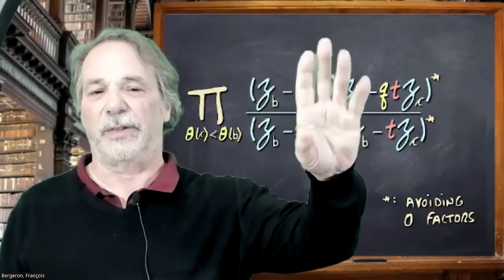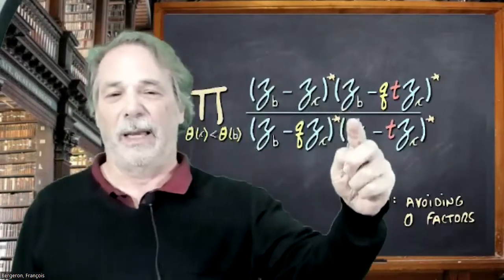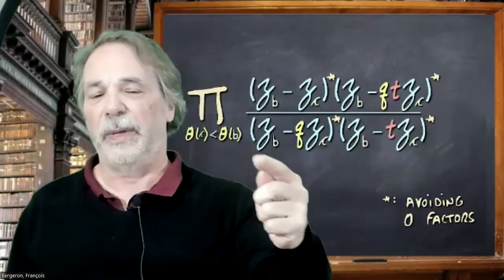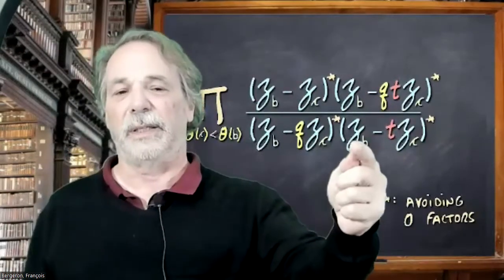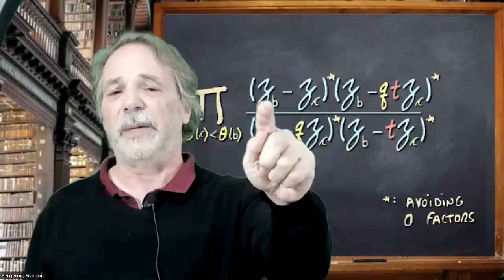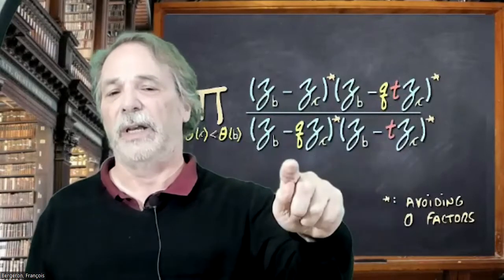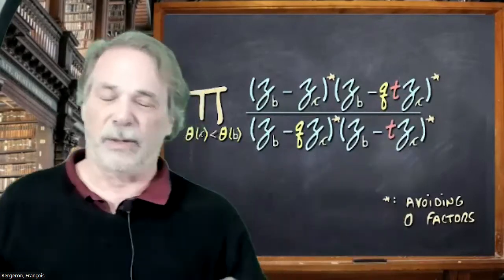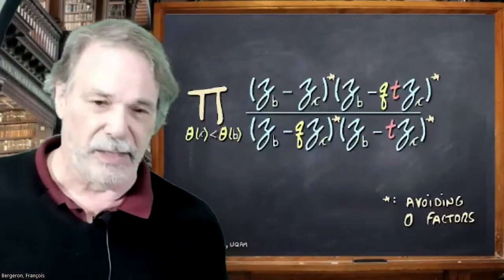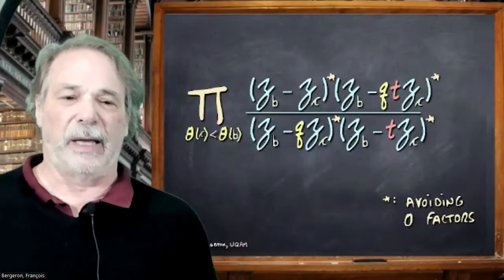There's a star, don't think about it for the moment. And then you do ZB minus QTZC, ZB minus QZC, ZB minus TZC. So all the four terms are ZB minus ZC, but at the top you're adding a QT and then just Q, then T.